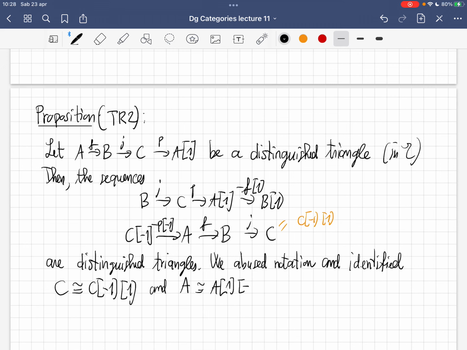this, via the isomorphism of functors described before.